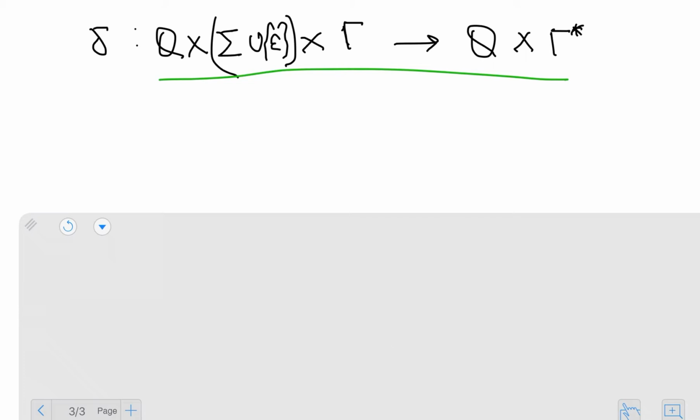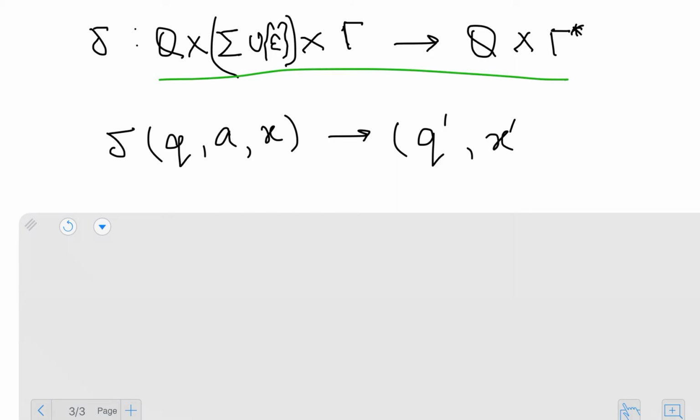And let's see why we have the star right there. What's going to happen is we are going to say that delta of some q comma a comma x is going to be a new state q prime, and then we could say that the stack top now becomes some x prime followed by x. This indicates that we are pushing onto the stack.